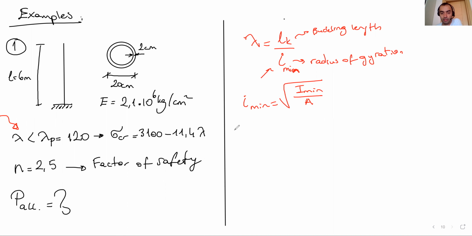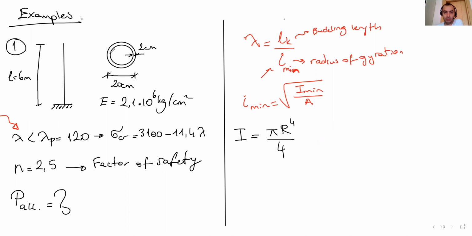Let's calculate the moment of inertia. This formula is for the solid circular section, so from here we can calculate the circular hollow section.